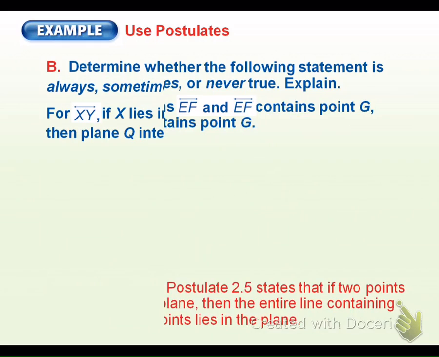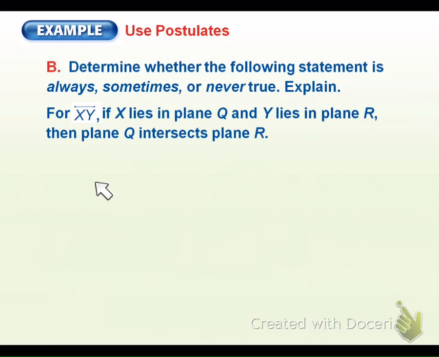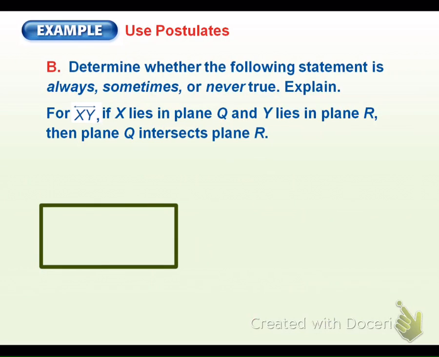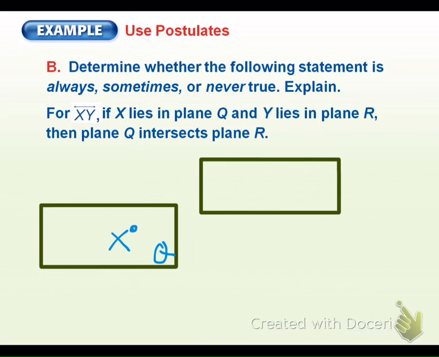Okay? How about this? If you have line XY, and X lies in plane Q. So X is here, and I have another plane called R, okay? And it has point Y, and I have line XY. Is it always, sometimes, or never true that plane Q intersects plane R?